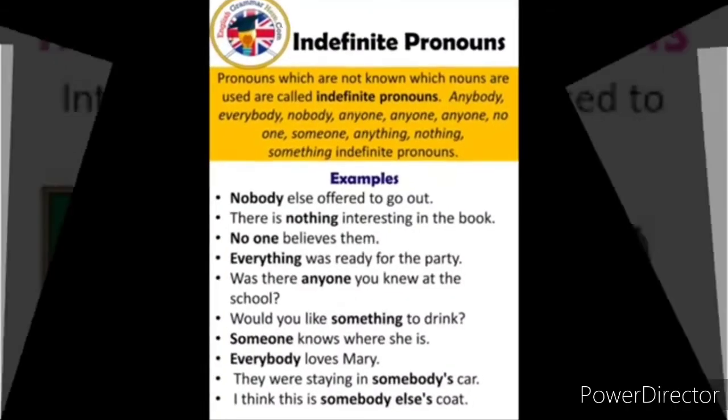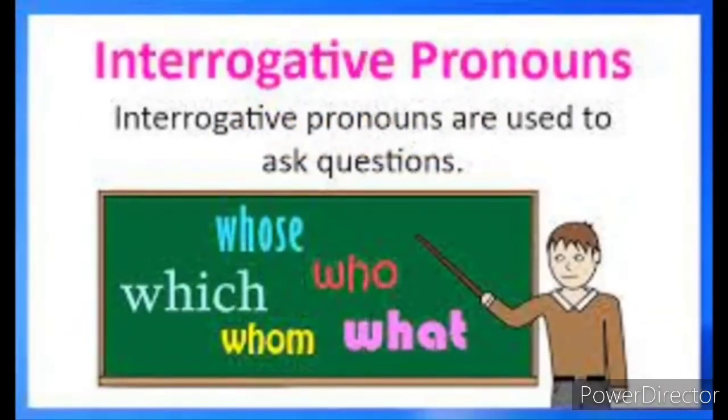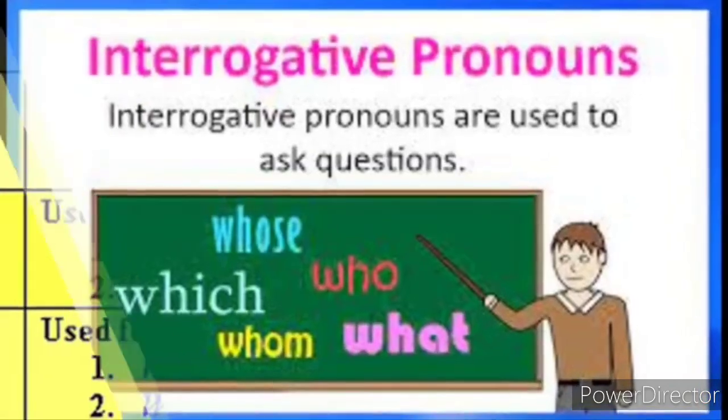Let's move on to the next pronoun, that is the interrogative pronoun. Interrogative pronouns are the pronouns that are used for asking questions when the noun is not known to us. In this picture, you have some interrogative pronouns: whose, which, whom, who, what.